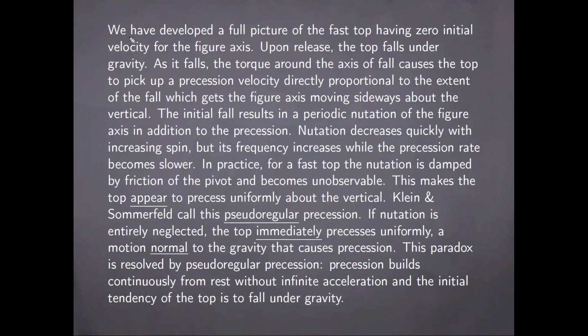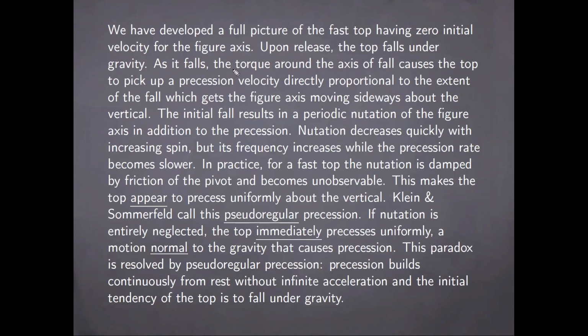Putting everything together, we have developed a full picture of the fast top having zero initial velocity for the figure axis. So this discussion involves a top that initially only rotates about the figure axis without the axis itself having any sort of motion. So what happens is that upon release, the top falls under gravity.